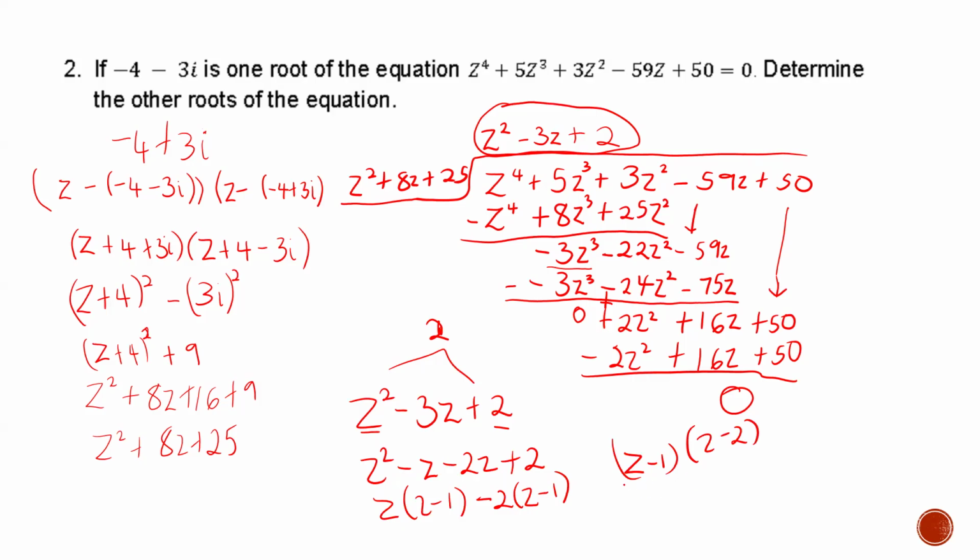So the other roots of our equation are 1 and 2. Now we have all four roots of the equation from our quartic expression. We have the four roots, which are negative 4 minus 3i, negative 4 plus 3i, and then 1 and 2. So those are the other roots of the equation.